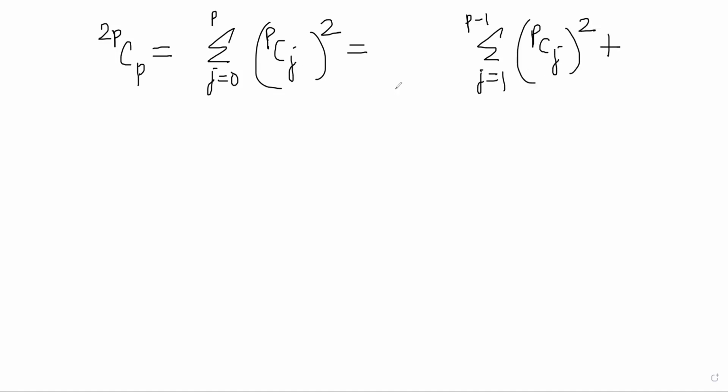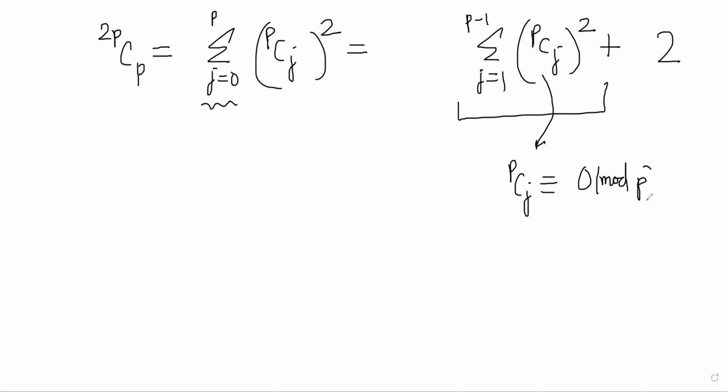plus, which terms have I excluded? The 0 term and the p term. The 0 term, when j is 0, it will be 1. When j is p, then in that case also it will be 1. So we're going to add 2 here. Since we already know that pCj is 0 mod p, pCj square should be 0 mod p square.